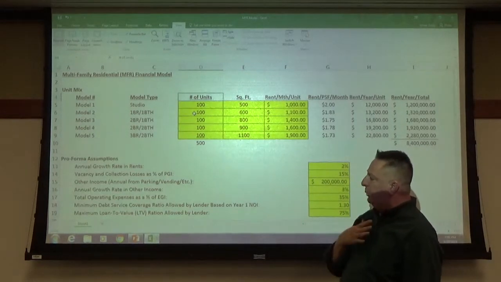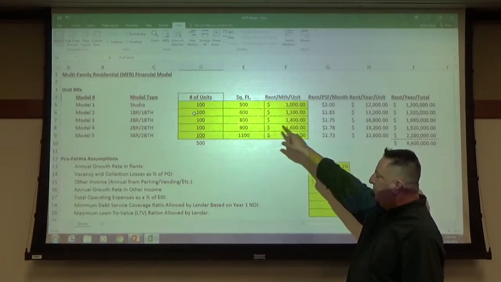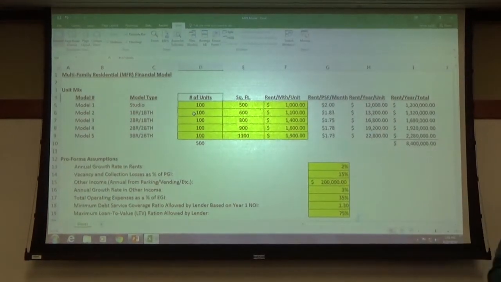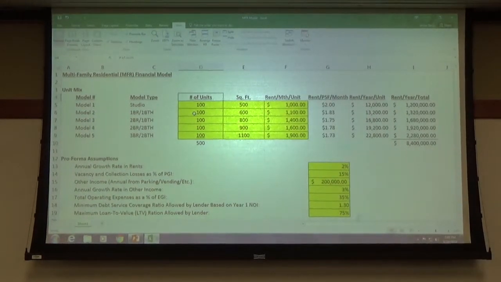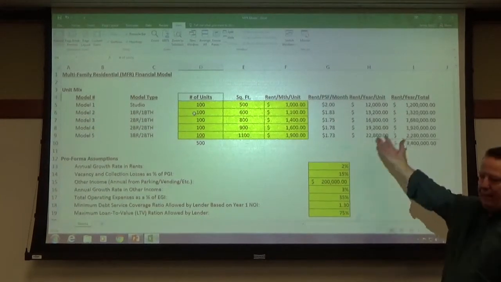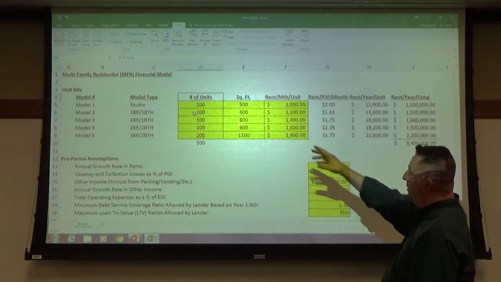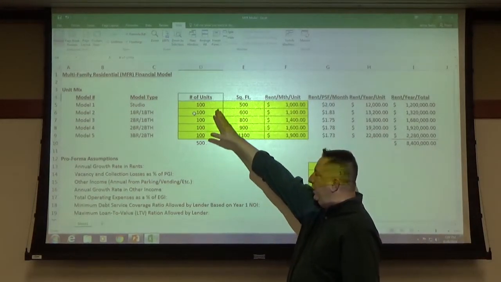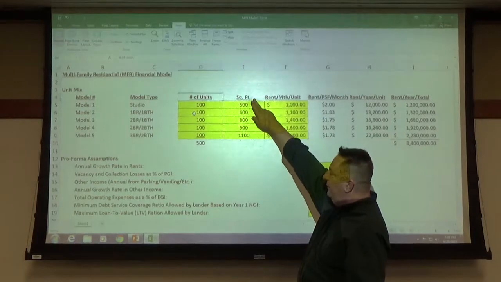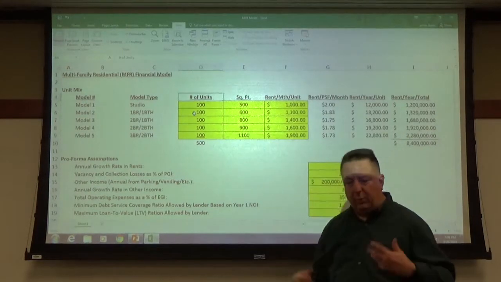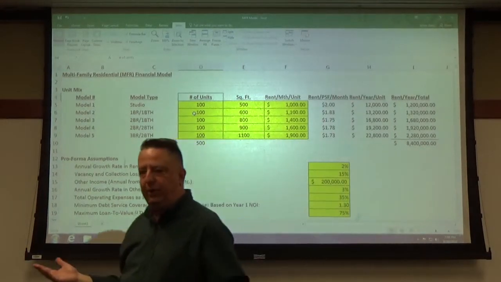The way I built this spreadsheet, every cell that's in yellow is a changeable cell. Those are the cells you can easily update depending on the circumstances of the property, and then it'll automatically repopulate everything else. So starting off, we've got the units. Here I've got the square feet, which is simply how large of a unit we're talking about.